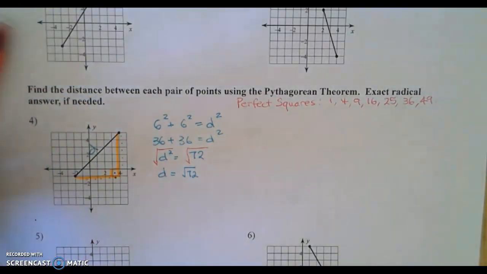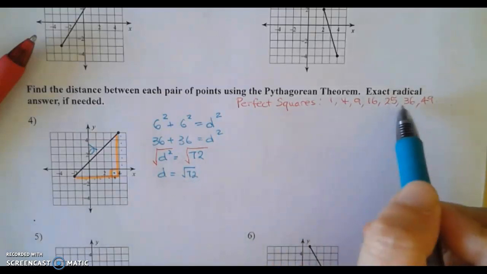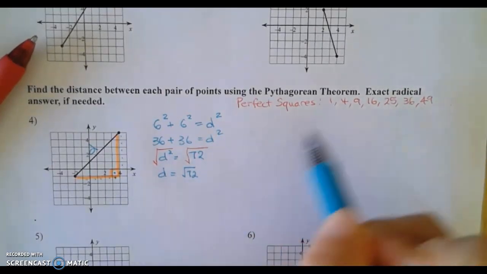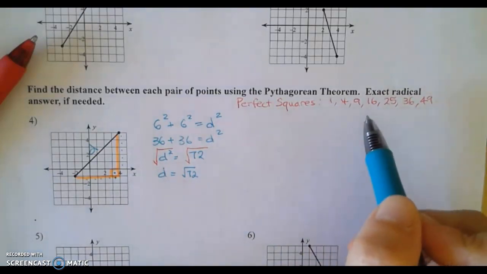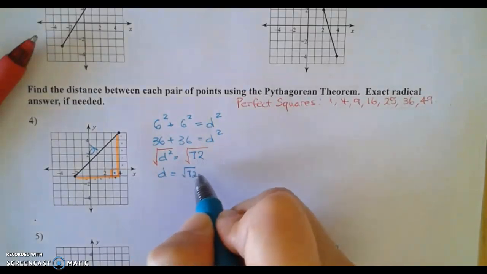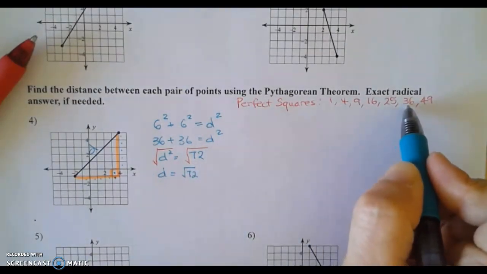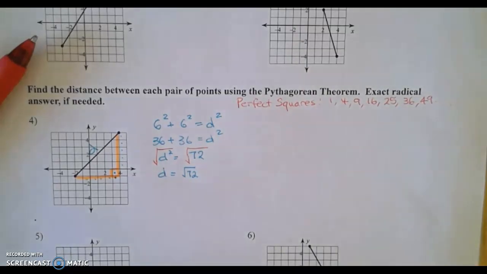So now I need to see, can I factor this? Can I make this into a multiple of some of these numbers? Is 72 one of these numbers times some integer? It so happens 72 is actually 36 times 2. If you saw that, that makes it really easy.